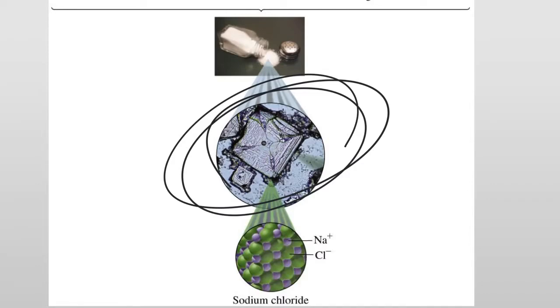And anyways, this sodium chloride has this repeated lattice structure of the sodium ions and the chloride ions. The chlorides are in green, the sodiums are in purple there, and it's just repeating one sodium for every one chlorine.